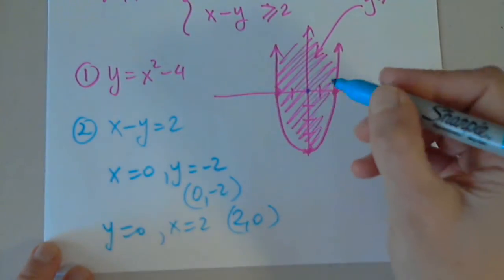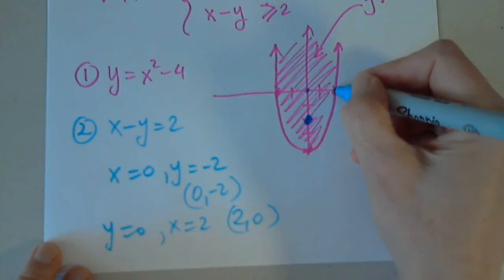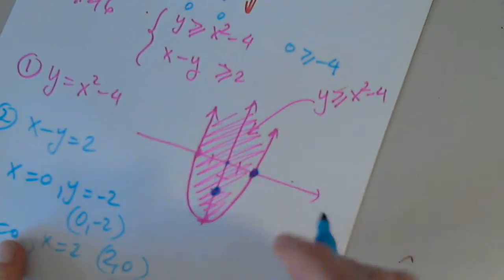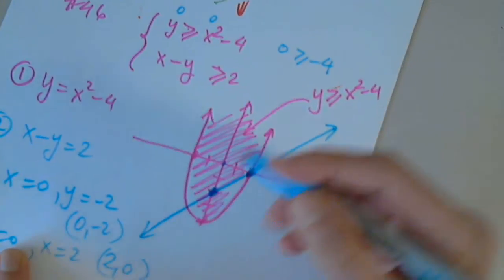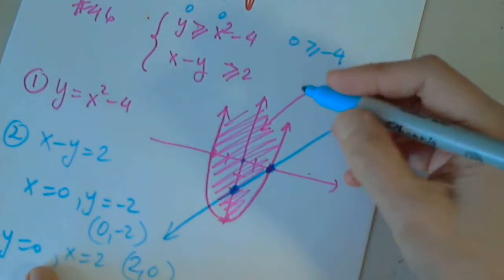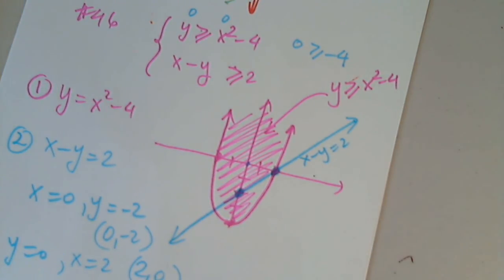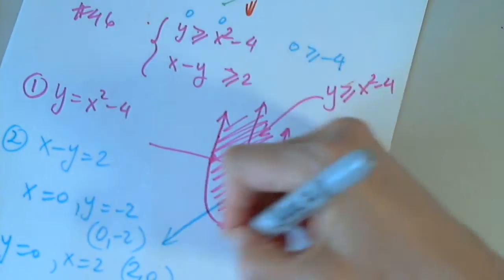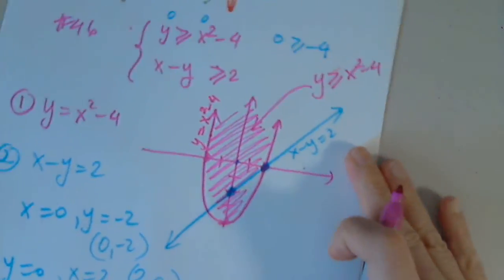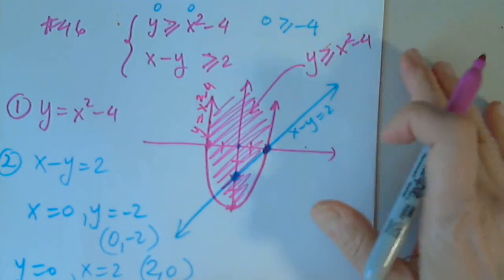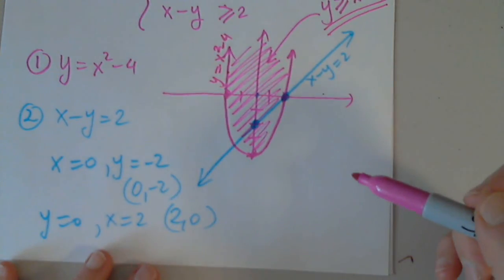Okay, 0 comma negative 2 is this point. 2 comma 0 is this point. Solid line, yes. So this is the graph of x minus y equals 2, and I have to write on it. And forgive me, here I have to write that the curve is y equals x squared minus 4. The inside and the graph of the curve represent solutions to this.